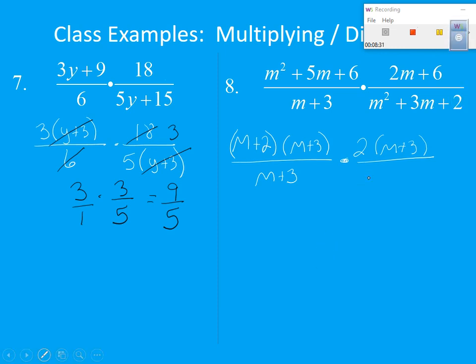I'm going to factor that into m plus 2 times m plus 1. Now I have it written as factors.